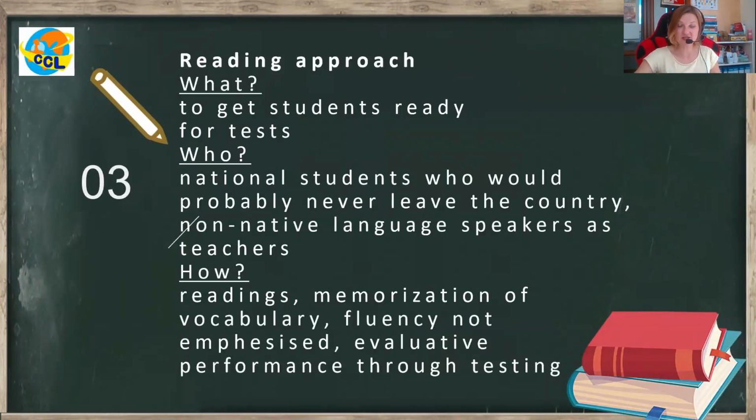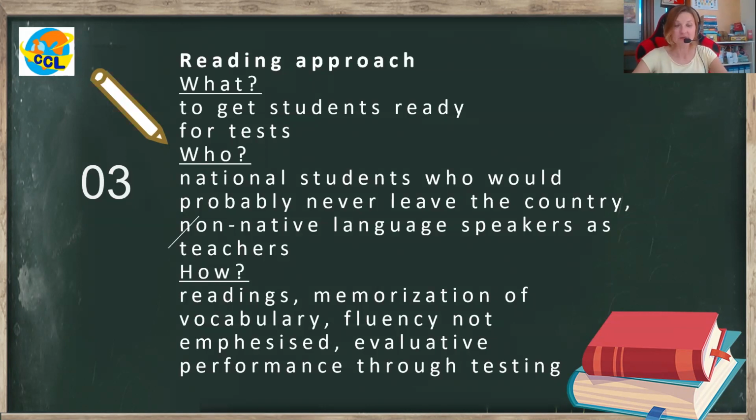Now, the third method, which arrived around the 1930s, was the reading approach. So again, we are going back to the roots of language learning. It's kind of similar in its deductive grammar teaching to the grammar translation method. Who was it for? What was it about?